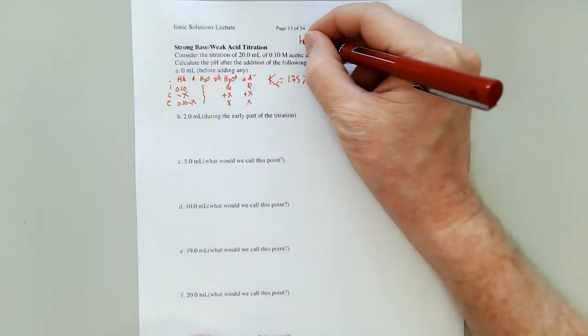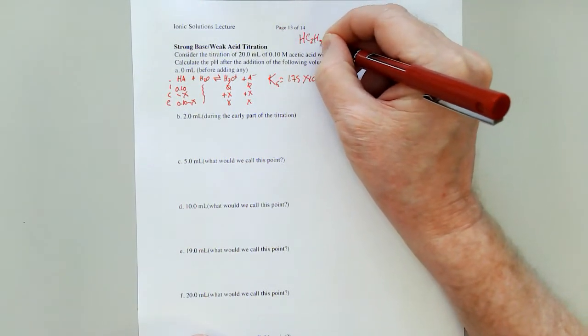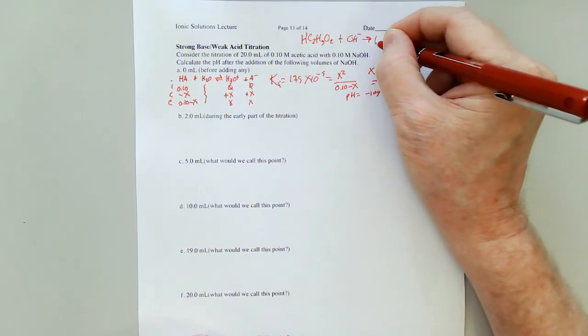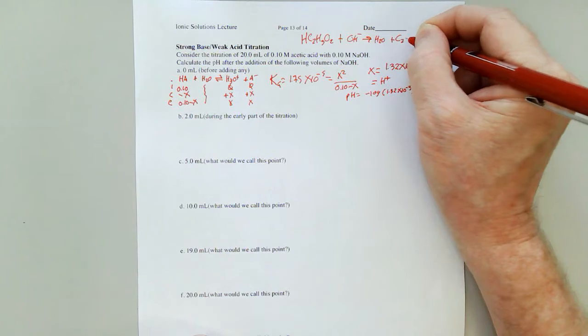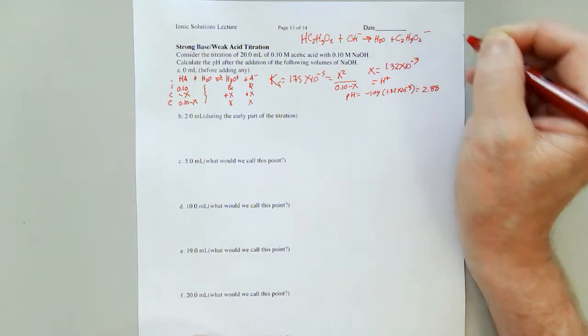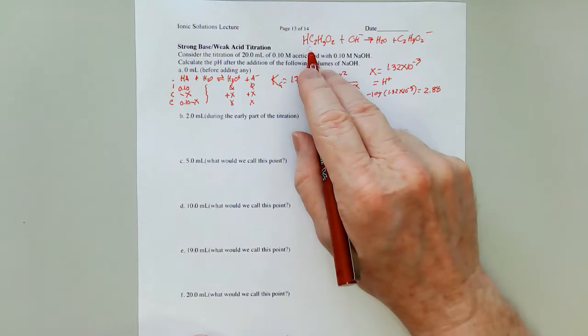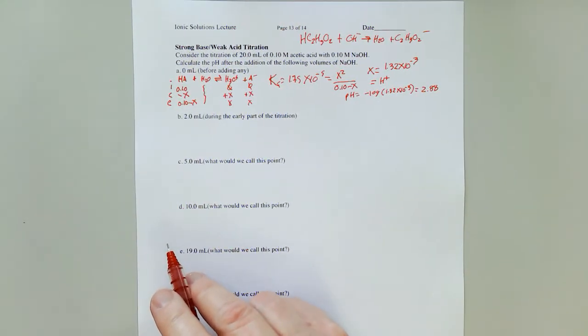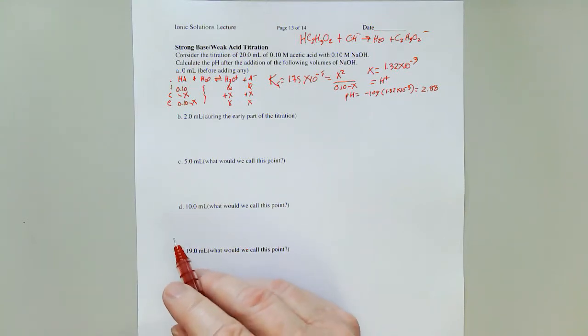Now, let's think about this. Acetic acid and hydroxide, when they react, will make water and some acetate ion. So as long as I have both acetic acid and acetate ion present, I'm going to have a buffer, and I can treat this as a buffer situation.